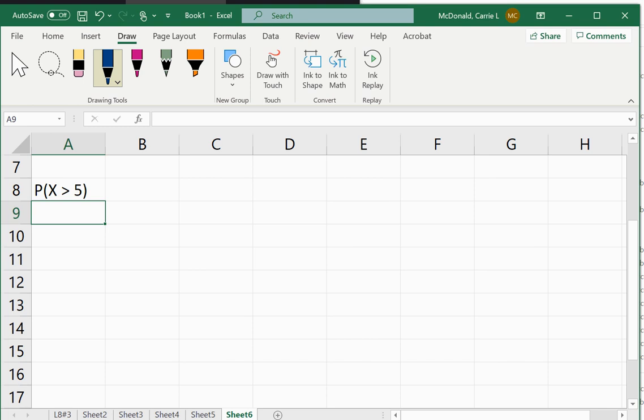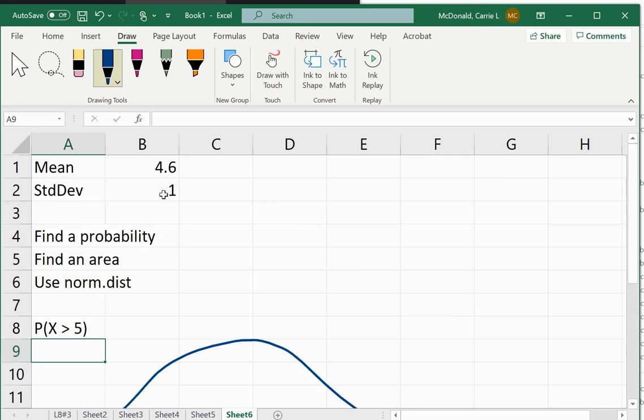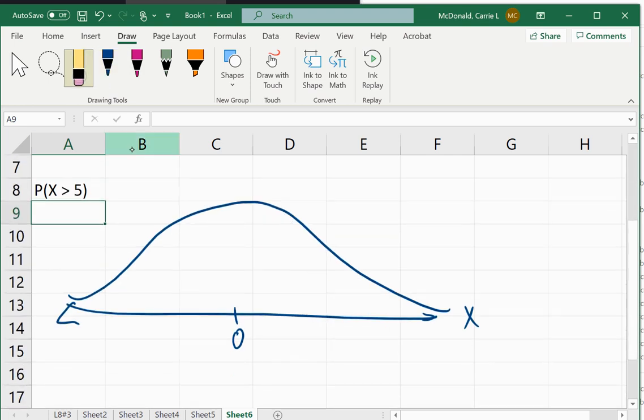Okay, now we're using the normal curve with our x values across the bottom. The mean is not 0, that's force of habit. The mean is 4.6, and the standard deviation is 1. So if I go 3 standard deviations, 1, 2, 3, and -1, -2, -3.